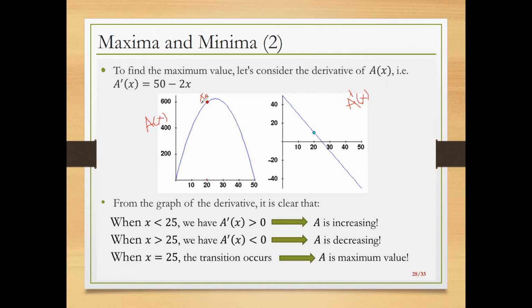So what I'm saying is, if I plug in x naught equal to 20, that means if I take the length of my rectangle to be 20, then it would give me an area of 600. Now, but we know that that point is obviously not the optimal point, because the optimal point is over here, which we found out to be 25.